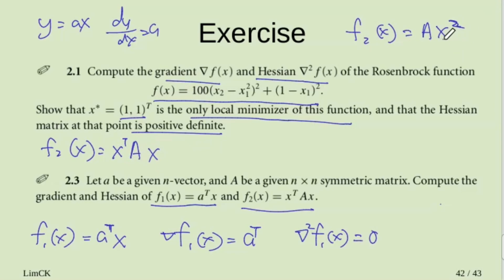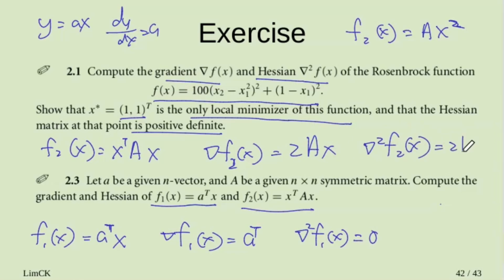So when you find the gradient, this is just equal to 2bx, and then of course the Hessian is just 2b.